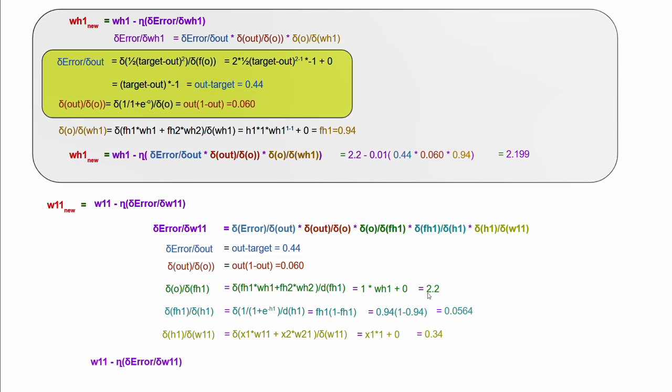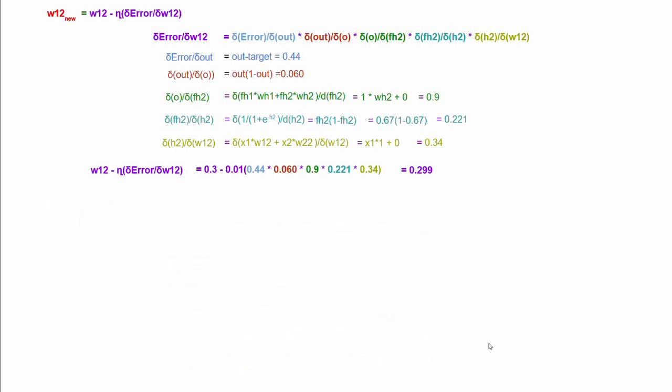These five components we substitute here. W11 we know, new, and then we substitute all the five components. Then what do we have? 1.699. Similarly, we do for W12.